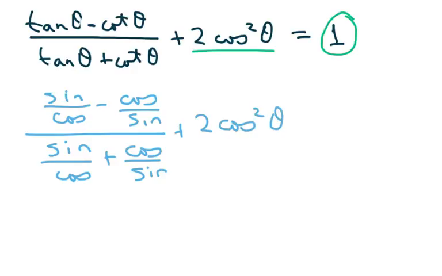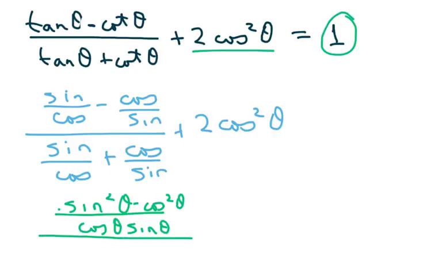Now, I'm going to go ahead and do the common denominator stuff. And since I already did it on the other video, I'm going to go ahead and write this out as cosine theta, sine theta, and this is going to be sine squared theta minus cosine squared theta, and do it again. So we're going to get sine squared theta plus cosine squared theta over cosine theta sine theta.